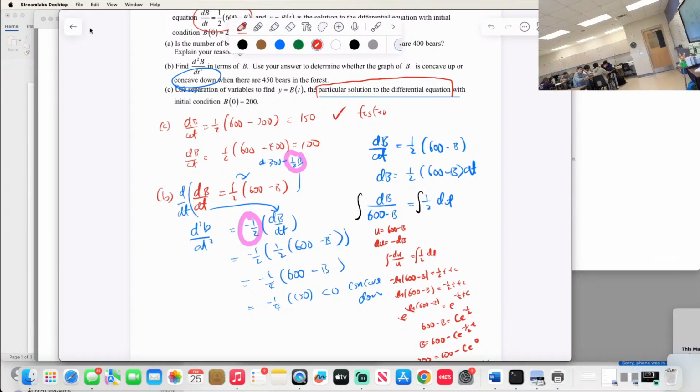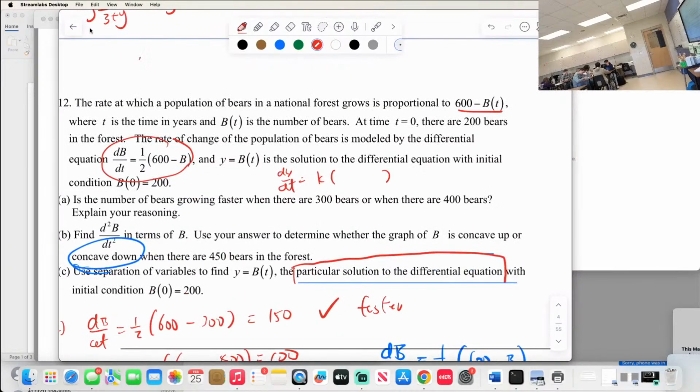Because if I distribute this, I'm gonna get 300 minus half b, right? And I take a derivative of this, so it'd be negative 1/2 dv/dt. So that's why it's negative 1/2, and negative 1/2 times 1/2 is equal to negative 1/4. Wait, you said the derivative of that is negative 1/2 dv over dt. First, I'll distribute this, right? dv/dt is equal to 300 minus b.